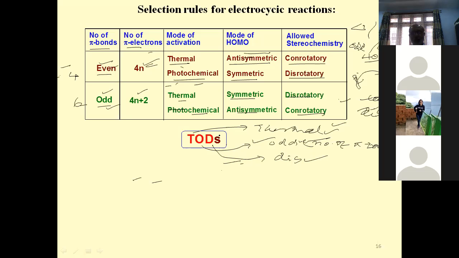And as I am giving here extra, S is symmetric. That means the orbital is symmetric. The HOMO is symmetric for that system. Suppose I have got now this system.